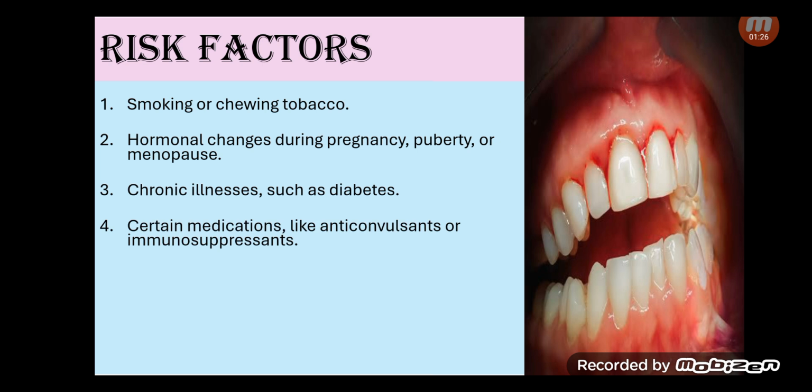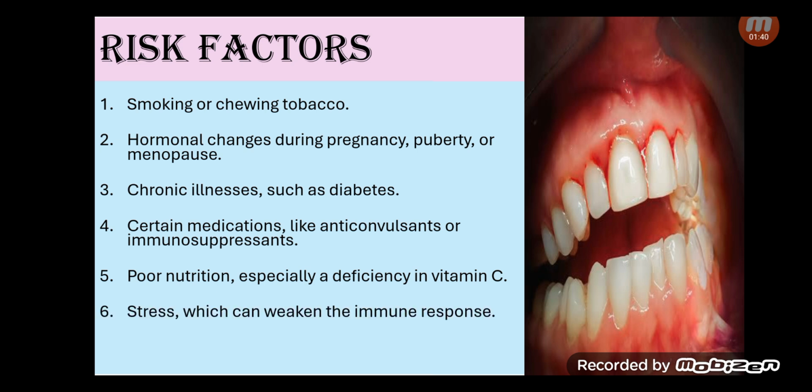Certain medications like anticonvulsants and immunosuppressants also increase the risk of gingivitis, and poor nutrition, especially a deficiency in vitamin C, is a risk factor, and stress, which can weaken the immune response, can also increase the risk. Then genetic predisposition to gum diseases can also increase the risk of gingivitis.